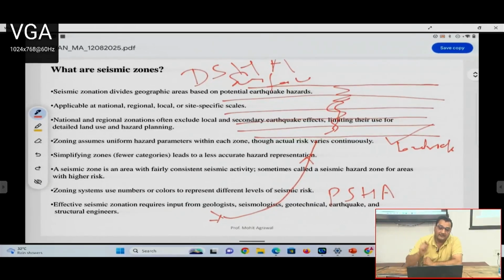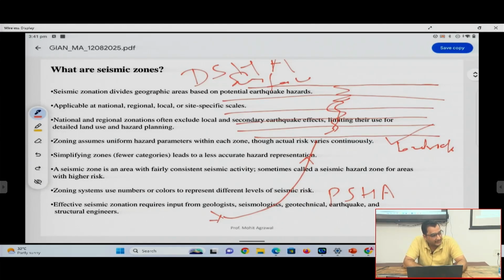While you conduct any seismic zoning study, you need inputs from the geologist, the seismologist, the geotechnical engineer, the earthquake engineer, or the structural engineer. The geologist will tell you where the source is located, what kind of fault it is, and what its geometry is. The seismologist will give you the record of the earthquakes, the catalog, the magnitude, and other available information. Thereafter, the geotechnical engineer will tell you about the soil conditions in the area.